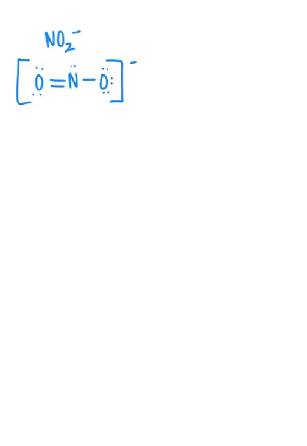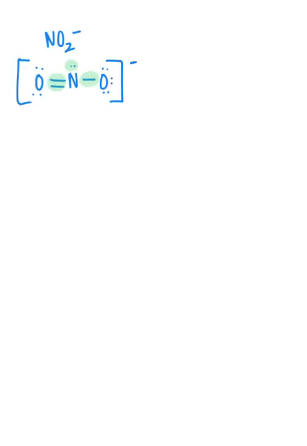So now by looking at our Lewis dot structure, we can see that there are going to be 3 electron groups. So this is going to be the first, second, and third.